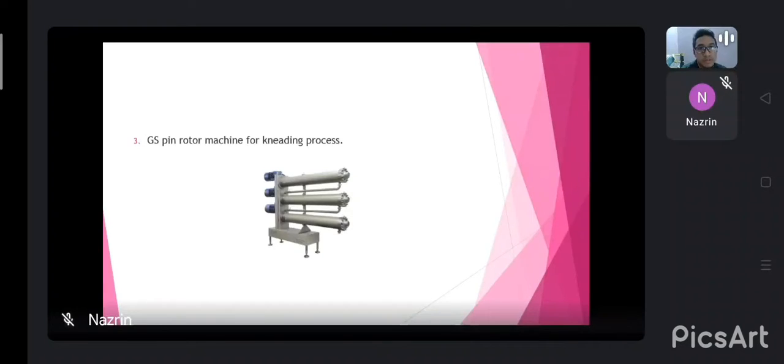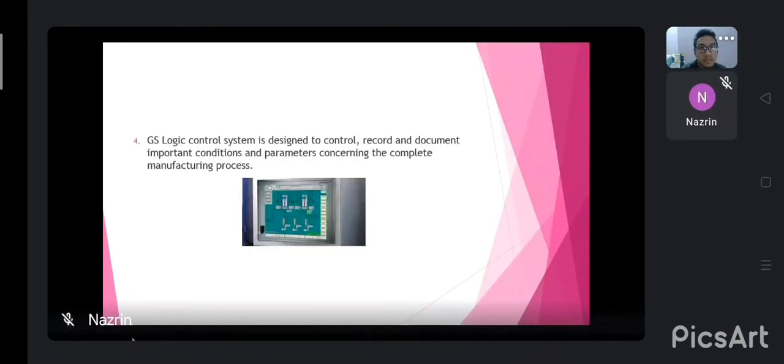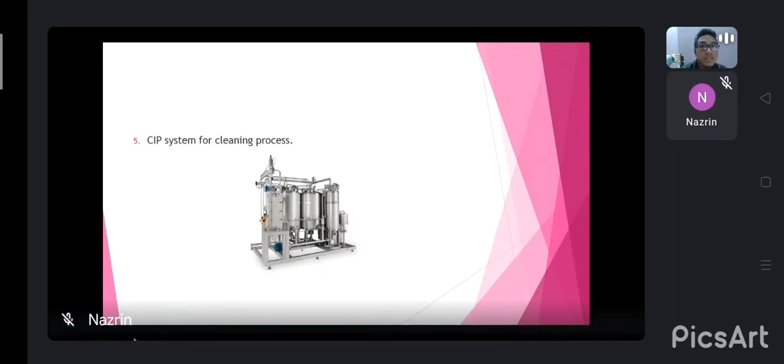The GS Pin rotor machine is for the kneading process. Then the GS Logic Control System is designed to control, record and document important conditions and parameters concerning the complete manufacturing process. And the CIP system is for the cleaning process.